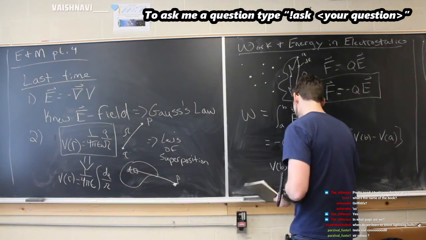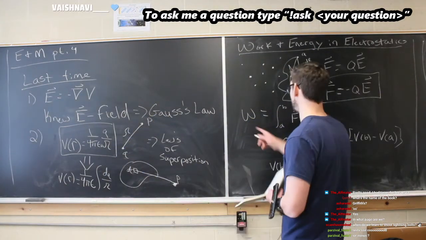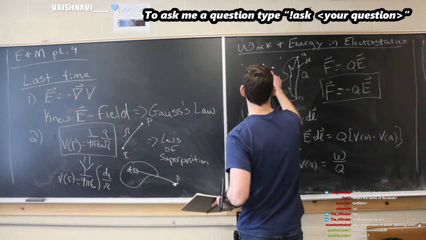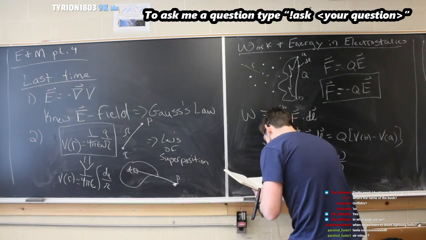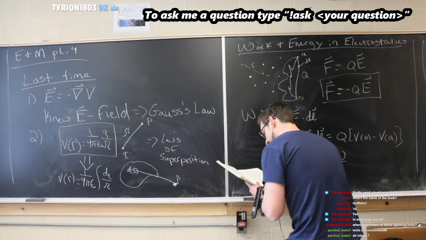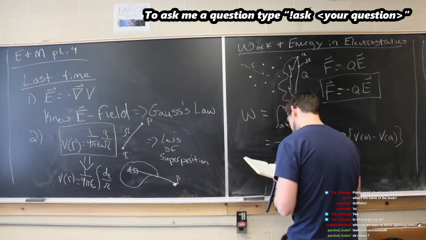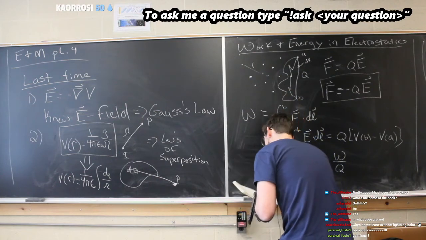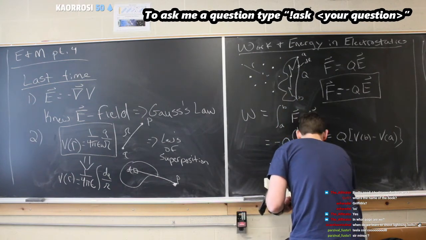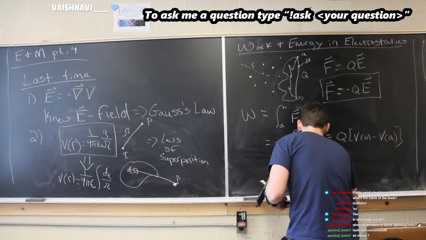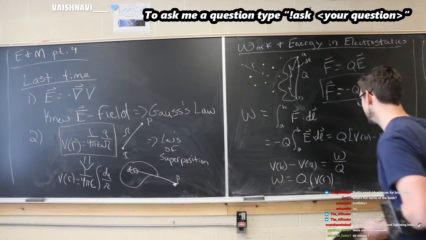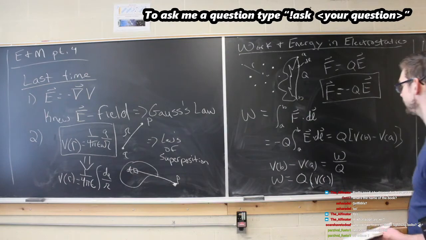So if one of these is at 0 and the other is some radius away, then the work is simply going to equal the charge times the potential of the particle. Well, let's bracket that off. But then the potential of the particle away.